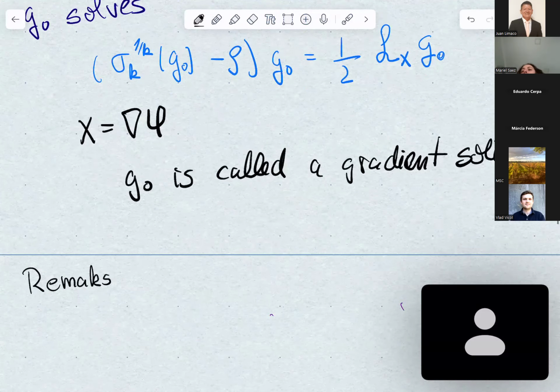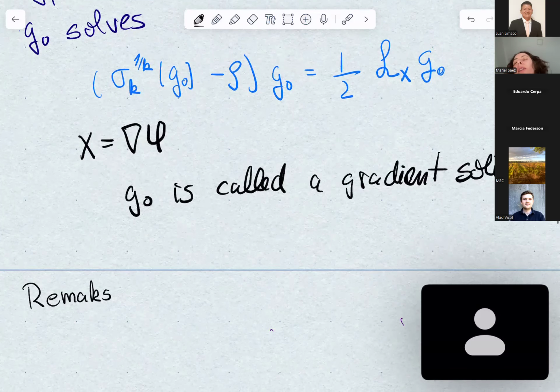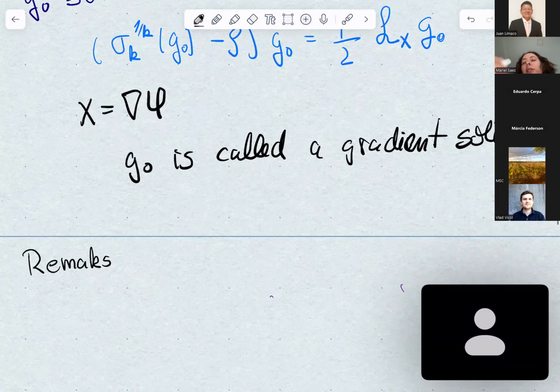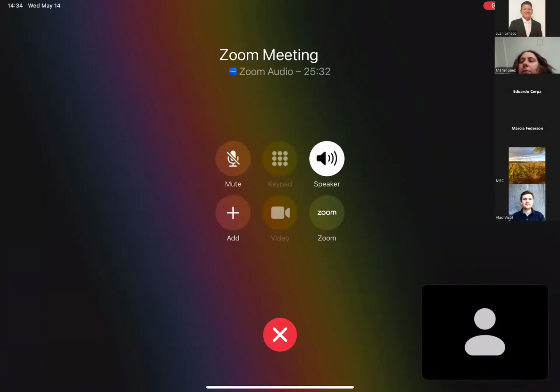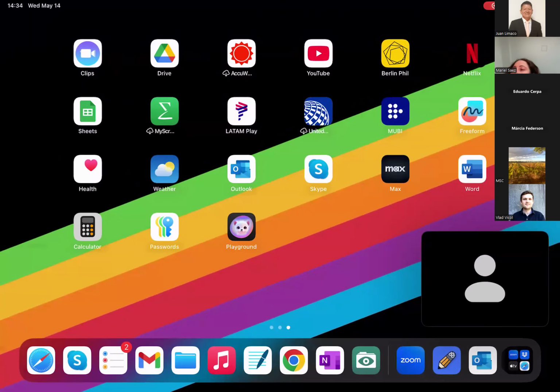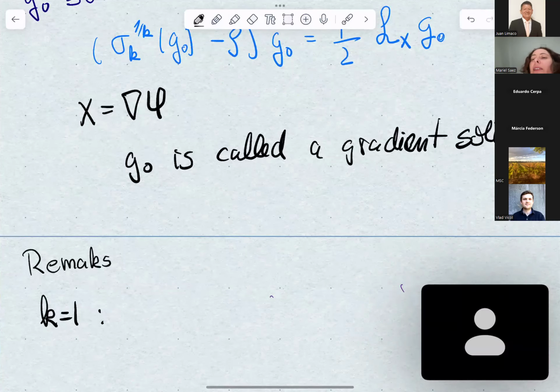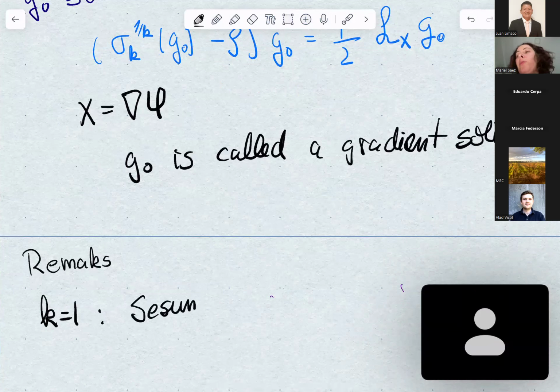Okay, so why are we looking at this? In the classical case, in the case k equal 1, this problem was studied by Sesum and Daskalopoulos.